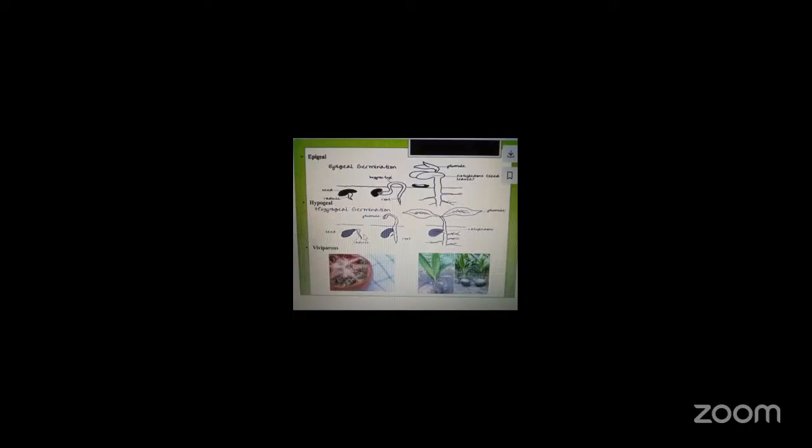And crop improvement. And the improved seed is the medium for rapid rehabilitation of agriculture in case of natural disaster.